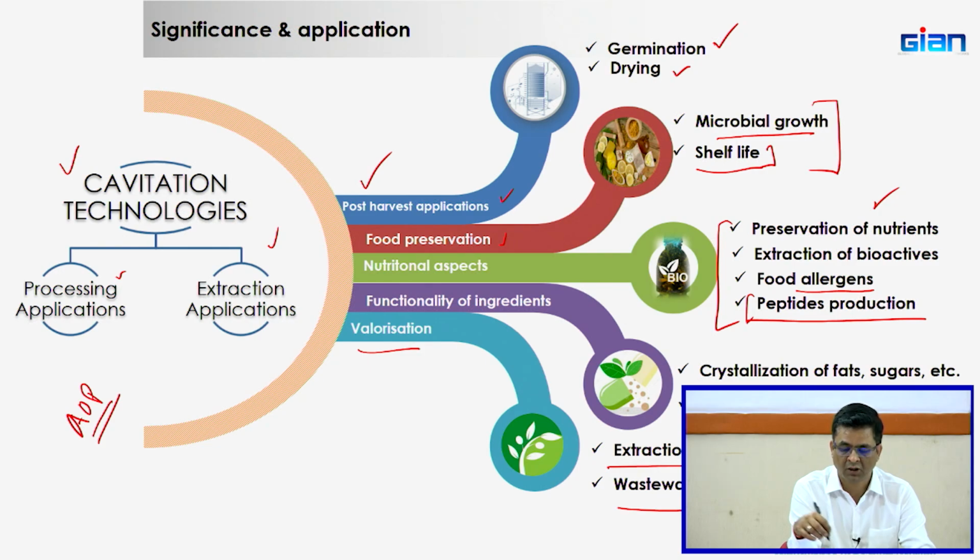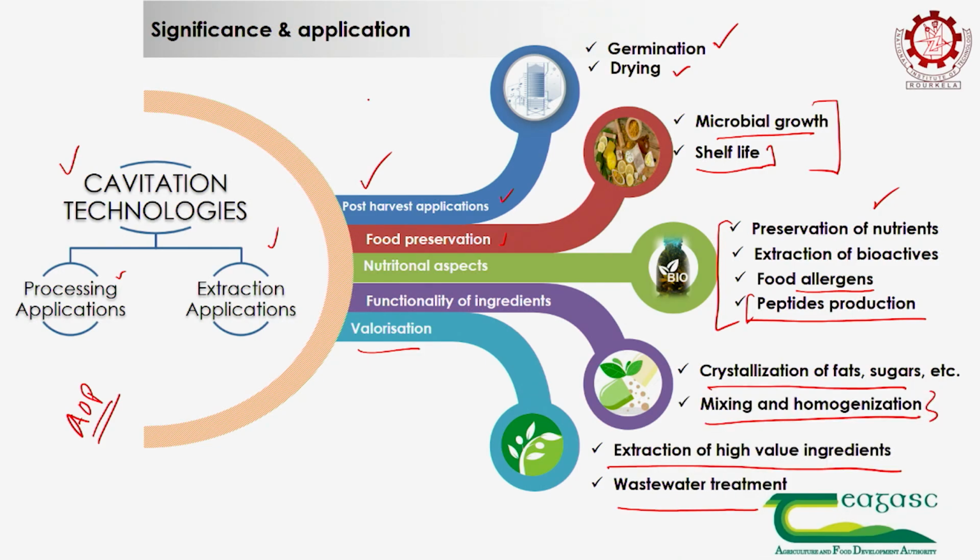So this can be used not only for processing but also for preservation and valorization. All these applications can be for cavitation, and there are a number of different review papers and the literature is full of different applications of ultrasonics. And there are already 2 dedicated journals on ultrasound. One is Ultrasonics Sonochemistry, the other one is Ultrasonics. So you can see the amount of application and science related to sonics.